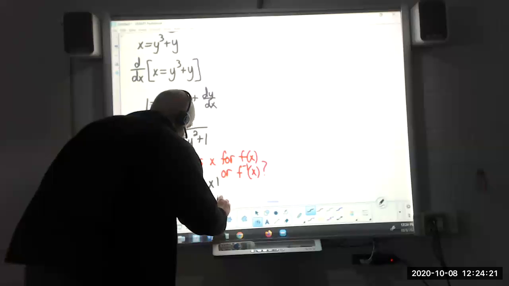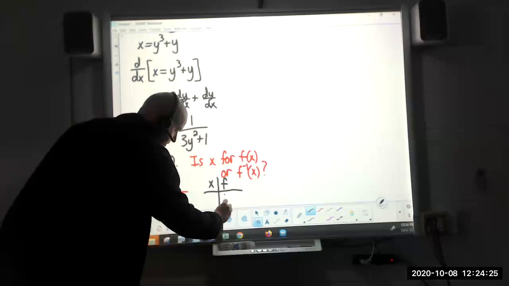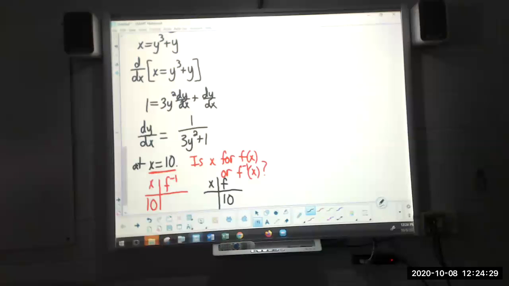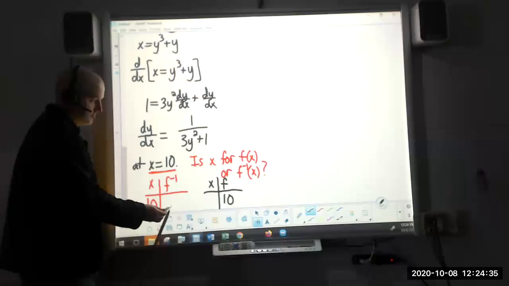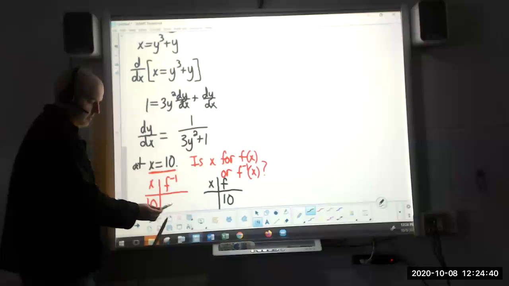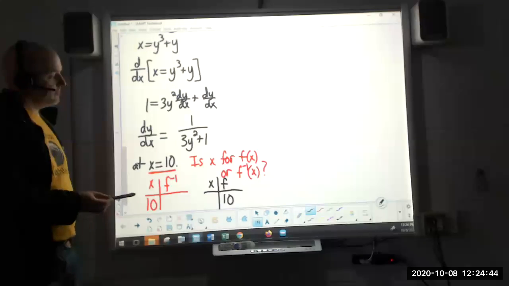So if we look at f, it's an output. So the question is, how do we get this? Because that's what I need for here, right? That says a y value. Yeah, so how do I get that?